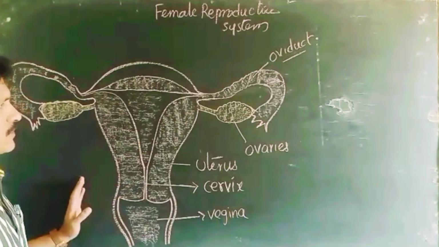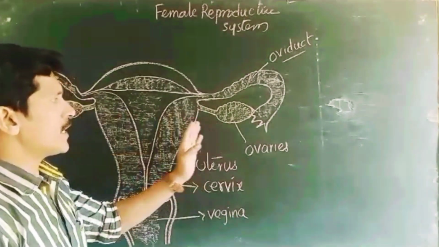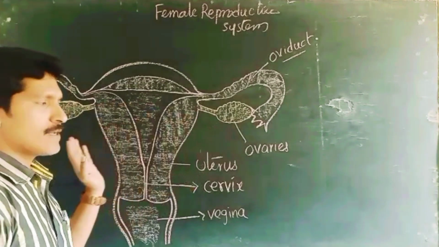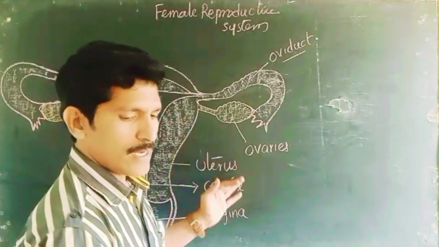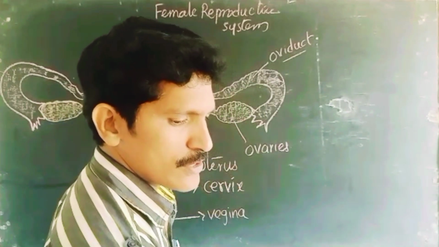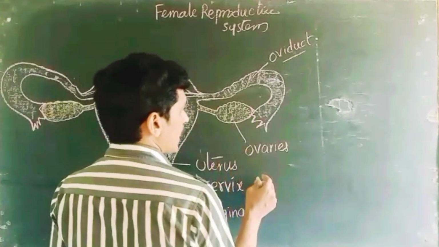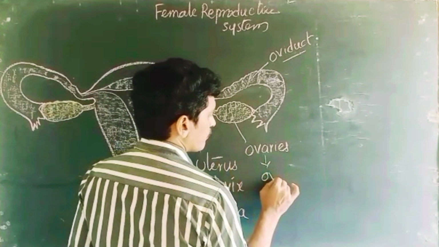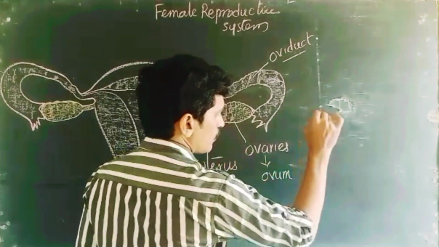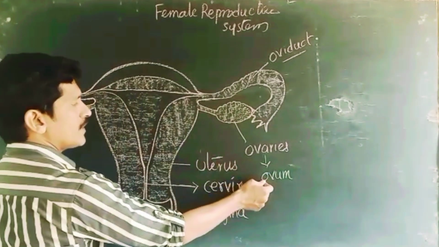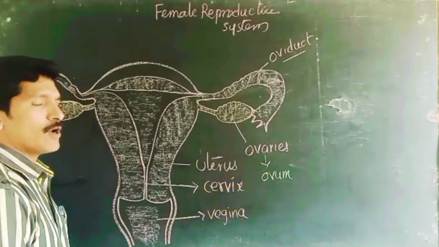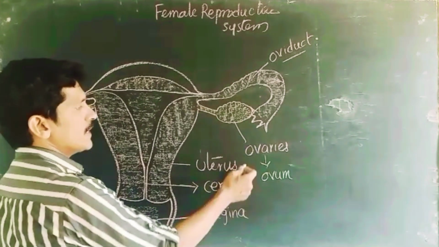In the female reproductive system, a pair of ovaries are located on either side of the uterus, and the ovaries are the female reproductive organs which produce female gametes called ovum. And how is the ovum produced and released from the ovaries?